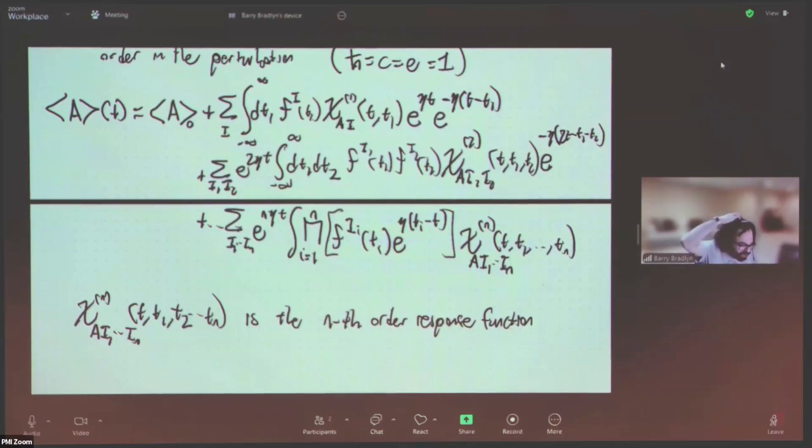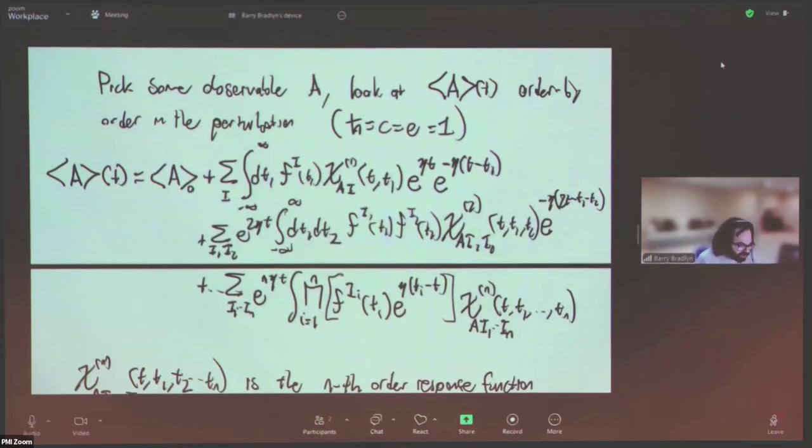And these are defined perturbatively, meaning that we can use nth order time dependent perturbation theory to come up with expressions for these functions in terms of the eigenstates and energies of our system.